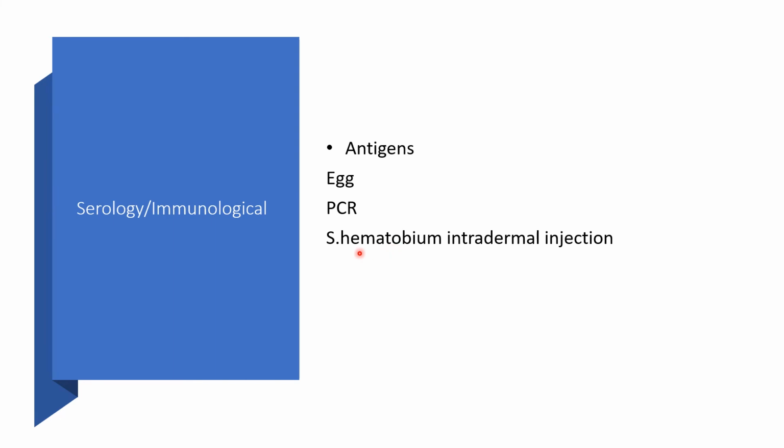Let me repeat what I meant by this. If you have the antigen of Schistosoma haematobium and you inject it intradermally into the patient you are suspecting of having Schistosoma haematobium or not, if a wheal is formed, then that is telling you that, yeah, there is Schistosoma haematobium infection here because antibodies would have been formed.